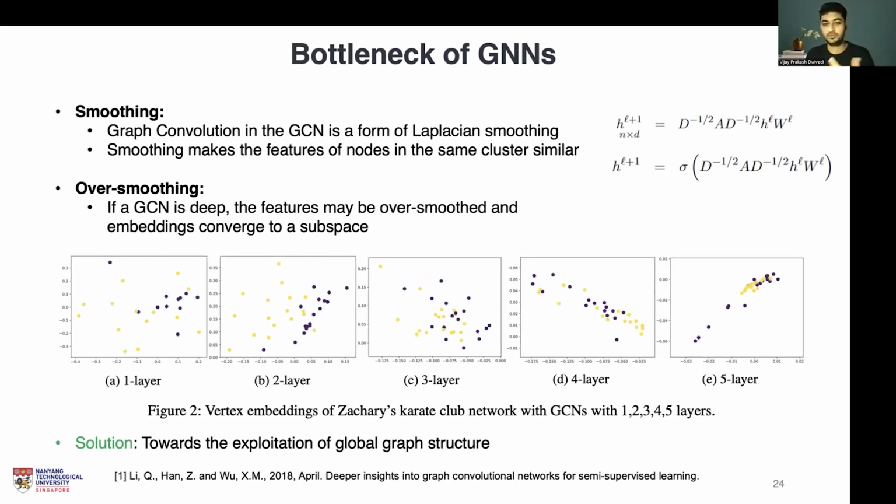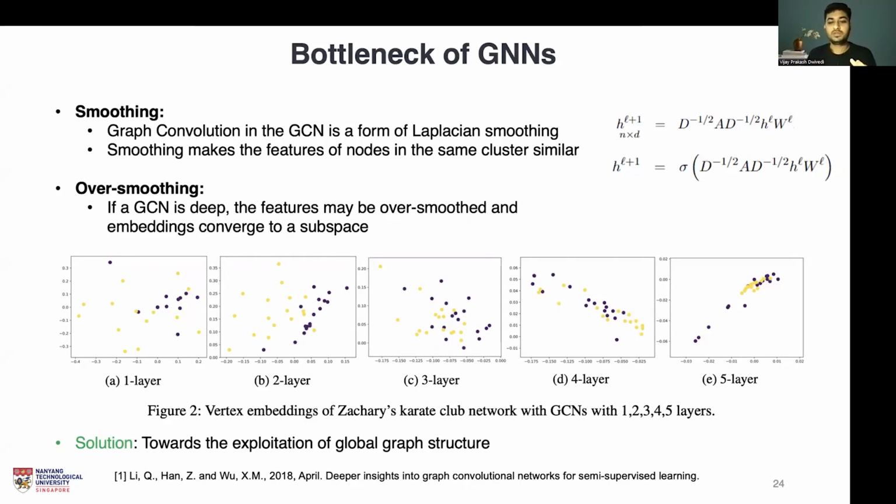First, over smoothing. If we have a very deep graph convolution network, the features may be over smoothed, and it will result in a situation where the embeddings of all the nodes converge to a similar subspace. If we look at the embeddings plotted here for an example graph, after gradually moving from one layer, two layers, and further, the embeddings of the nodes are trying to converge to a similar subspace. Because of the way the graph convolution network equation is, it leads to over smoothing.